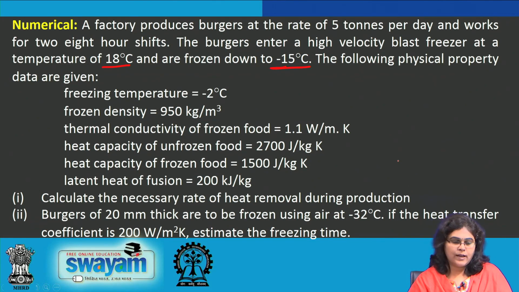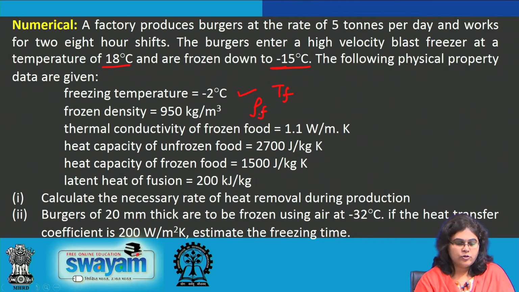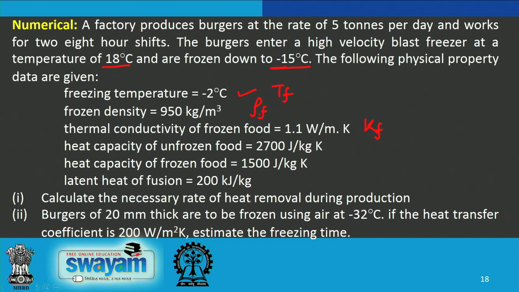The following physical property data are given. Freezing temperature is minus 2 degree centigrade, that is Tf is given. Frozen density rho f is given. Thermal conductivity of the frozen food Kf is given. Heat capacity of unfrozen food Cpu is given.